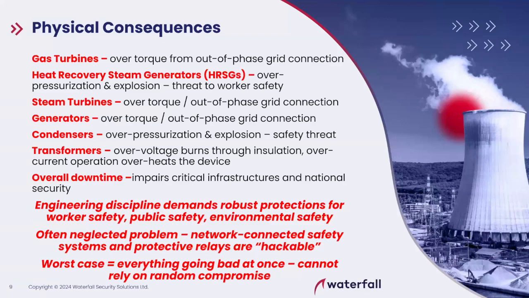If you take over a software-based relay, you disconnect the generator from the grid by tripping the breaker in the plant, and you re-engage the breaker a fraction of a second later, the generator has shifted out of phase with the grid. Enormous torque is put on the generator, and you risk destroying the generator, or more likely the steam turbine.